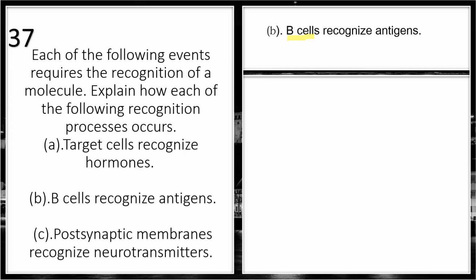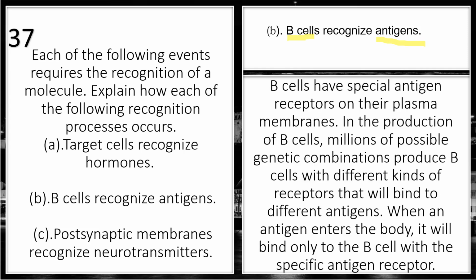B cells recognize antigens. The B cells have special antigen receptors on their plasma membrane.